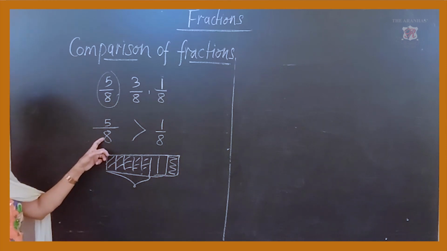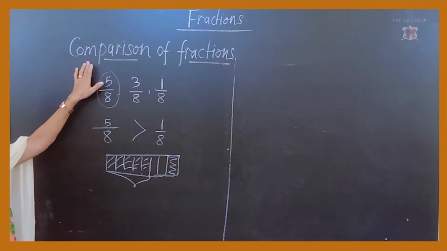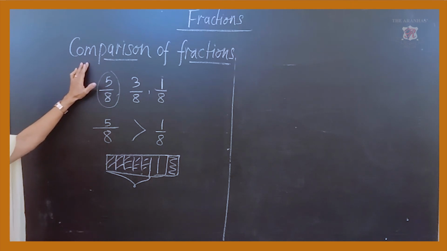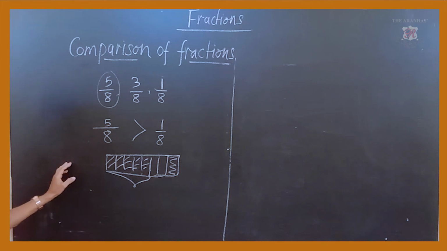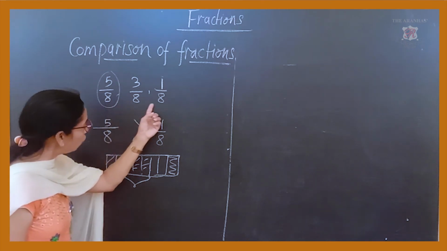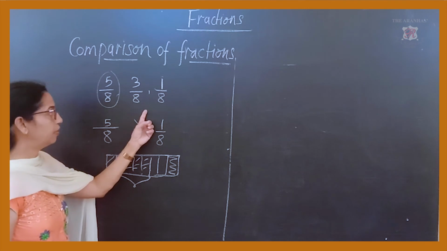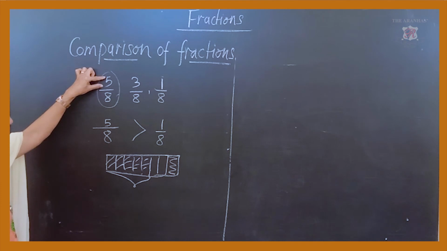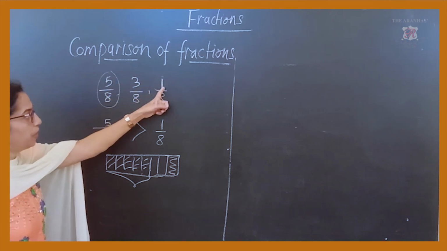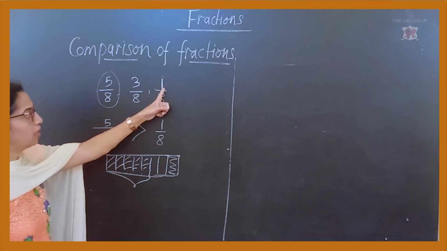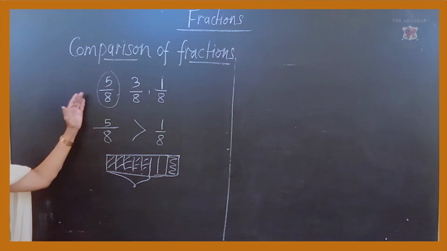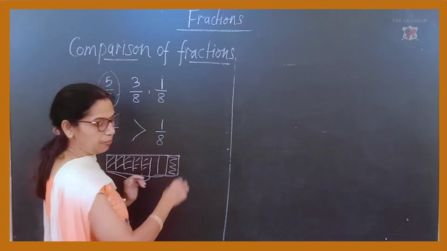So here you can say whenever you are comparing any fraction, you have to see whenever the denominators are same, then the numerator which is greater will have the more value and the numerator which is smaller will have the smaller value. So again now there we have to see another example.